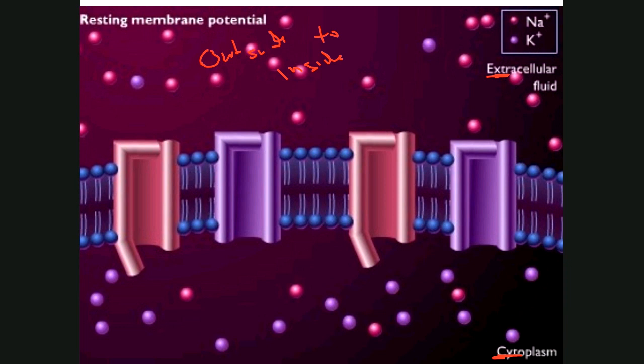But the gradient for potassium is inside to outside. Does it make sense? Any questions?